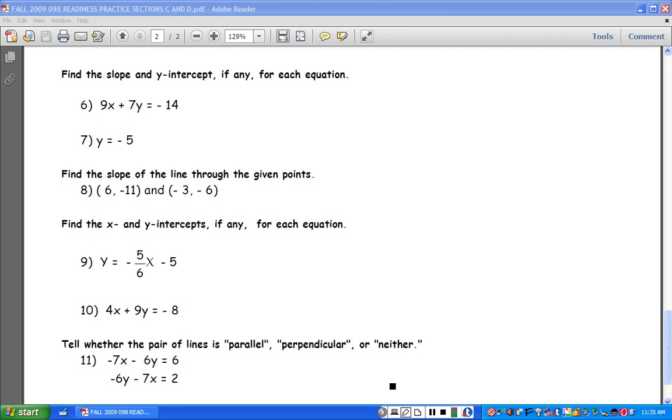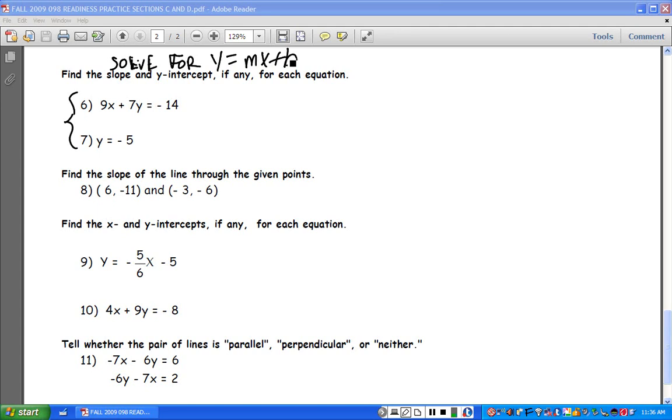So once again, for these 2 problems, solve for y. Y equals mx plus b. Solving for y once again.